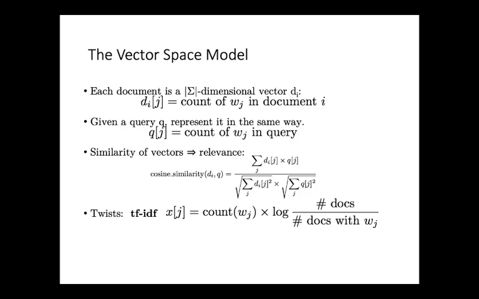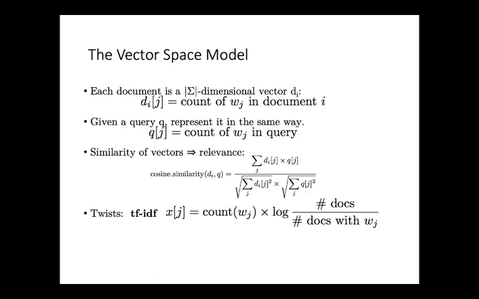So we can then take the cosine similarity between the query and each of the documents in the corpus. And we can choose the documents that have the highest cosine similarity. And we say that those are relevant, or more relevant than the other documents.